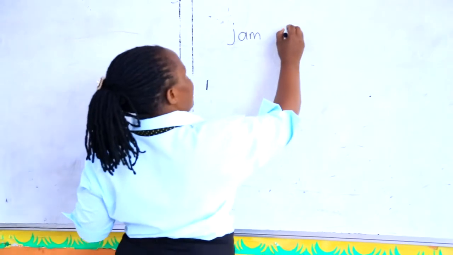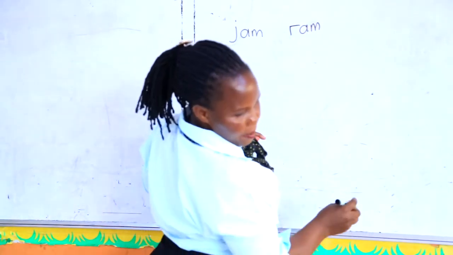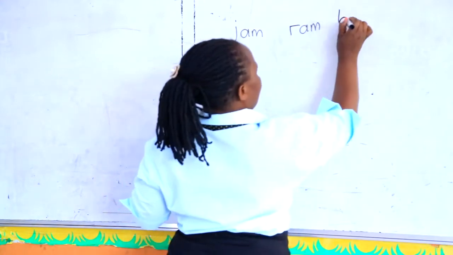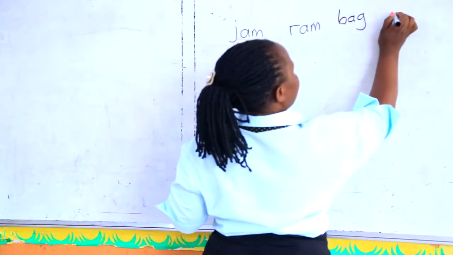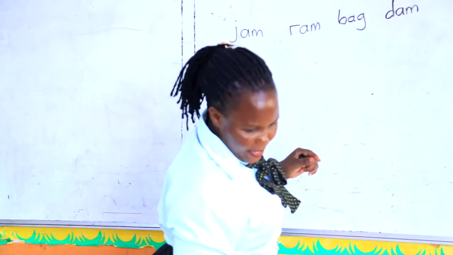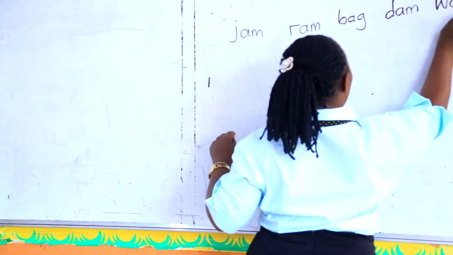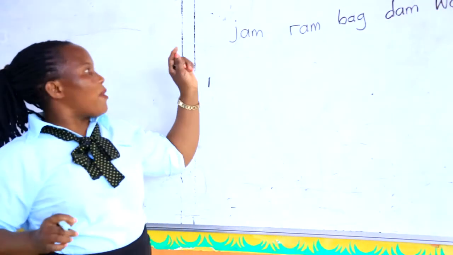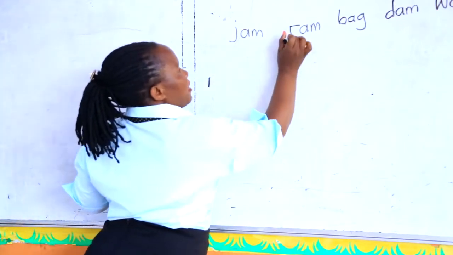We have the word run, we have the word back, we have the word down, and we have the word wag. So when you look at these words, which one rhymes with the word jump? Run. Very good. The word run, you underline it.